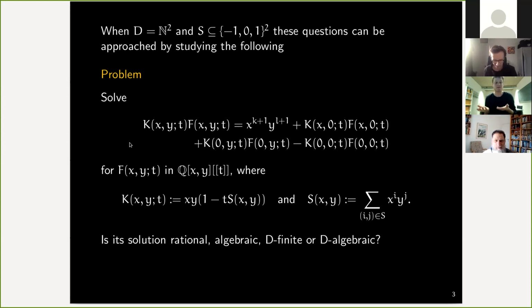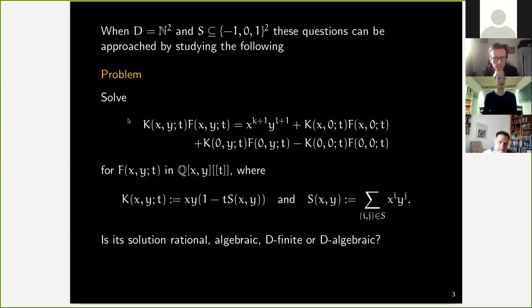And in case it is, find an algebraic or a differential equation it satisfies. So it's not difficult to see that this functional equation has a unique solution, and that its solution is the generating function of walks, which start at the point (k, l) in the non-negative quadrant, take their steps from S, and never leave the non-negative quadrant.